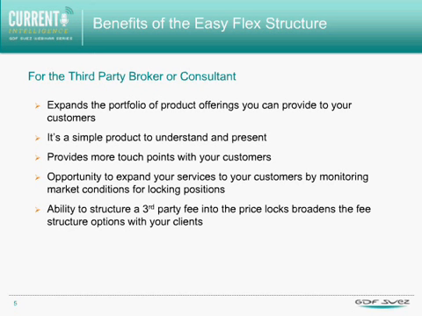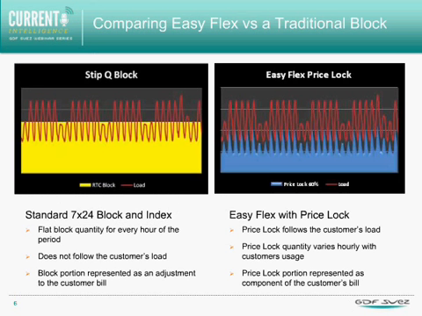Thanks, Michelle. To start off, just to put everybody on equal footing as far as what this product is and how it compares to a traditional block, we have two graphs shown here for you. The graph on the left is a representation of a traditional stipulated quantity block.